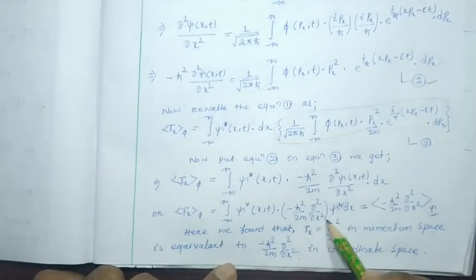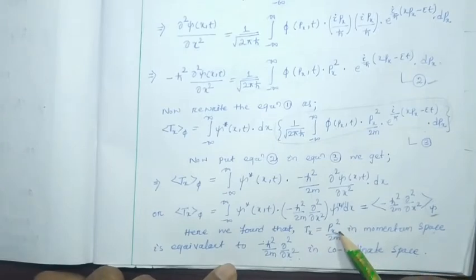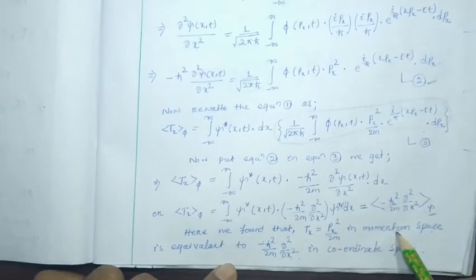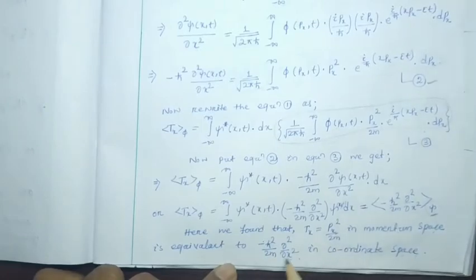So to find the kinetic energy in momentum space we apply px square by 2m, but for coordinate space we apply minus h cross square by 2m del square by del x square.